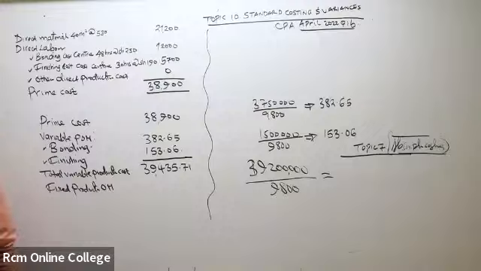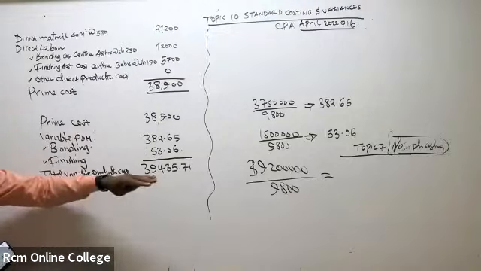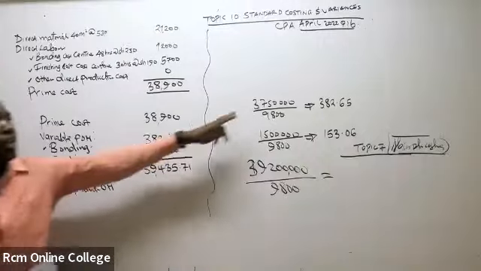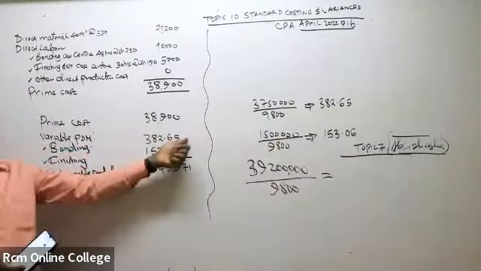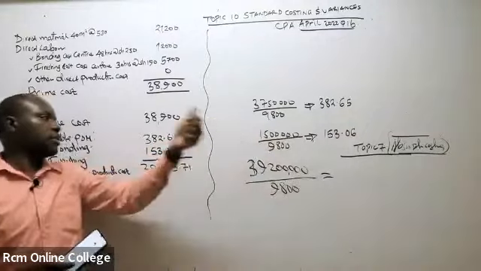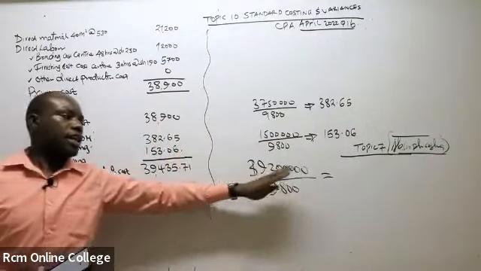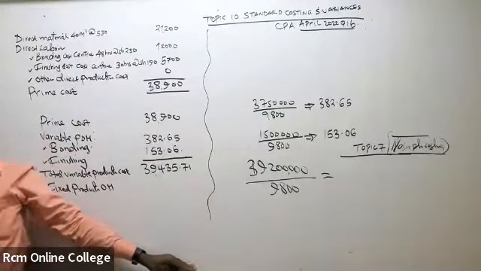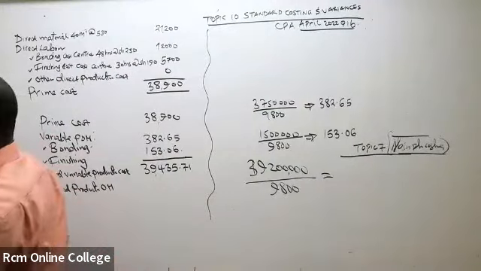Tunapata ngapi? If we were doing it for all the units, we would take that 3750, put it here. We would take 1500, put it here. We would take 39,200, put it here, and get all the costs for the 9,800 units.